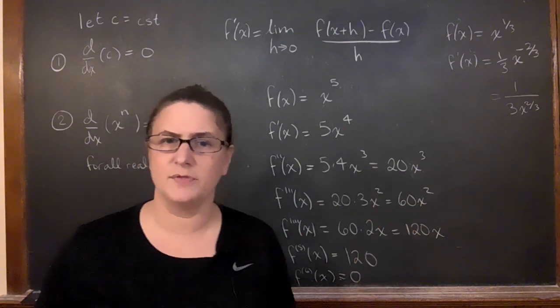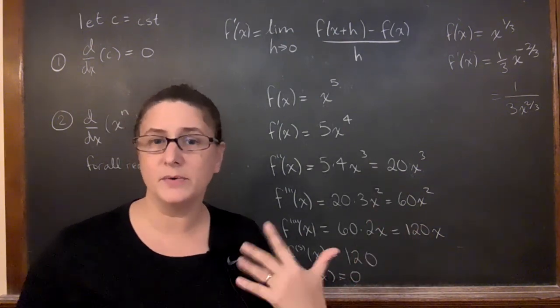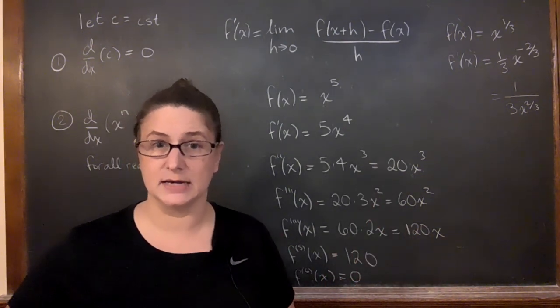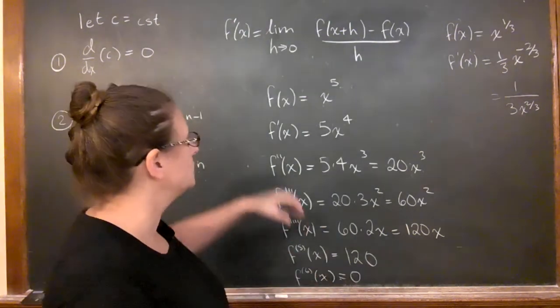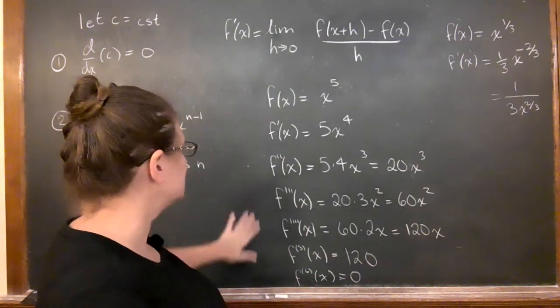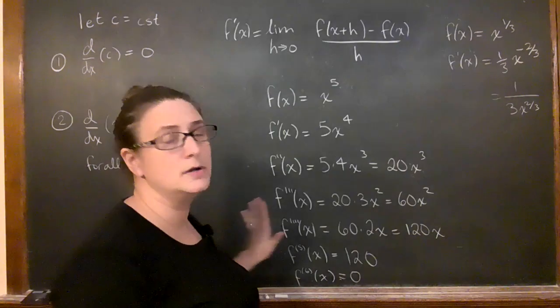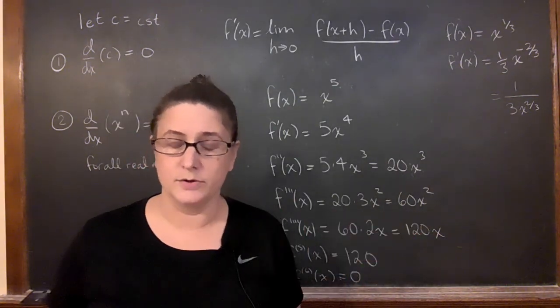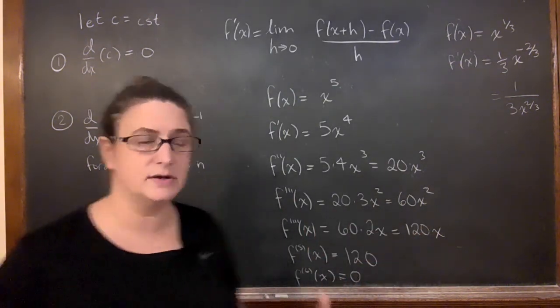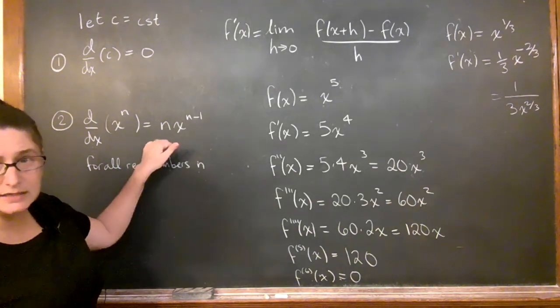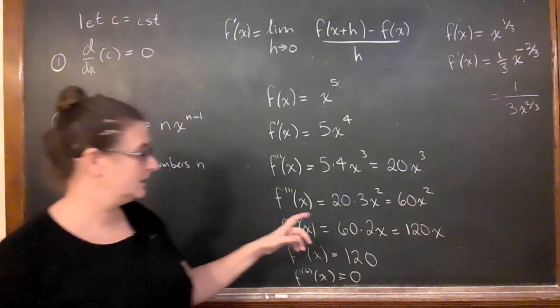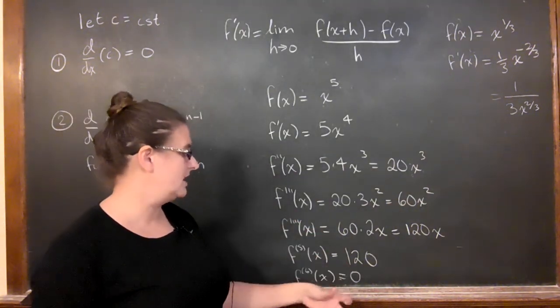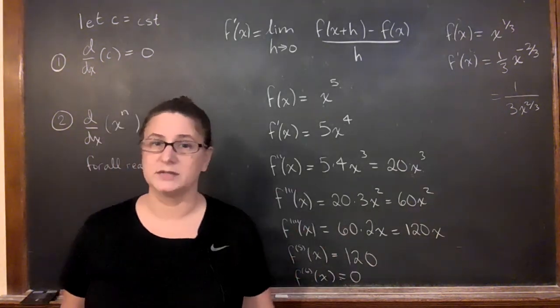I could take the 7th, 8th, 9th, 10th derivative, but I'm always taking the derivative of 0, so I'm always getting 0, okay? So you can see this behavior is going to happen with a polynomial. I can keep taking the derivative. With the power rule, it's easy. Eventually, I'll get to something that's a constant, and then the next one, and all the rest are going to be 0.